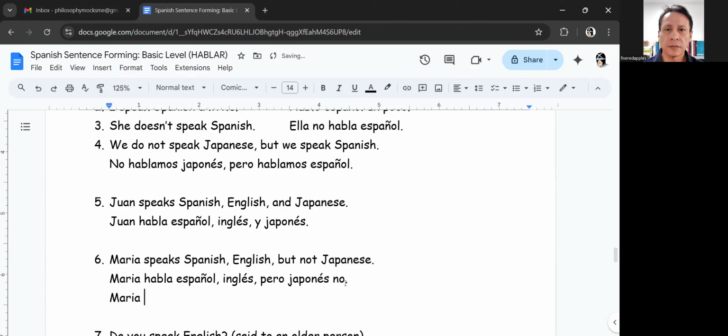But you can also say María habla español, inglés, pero no habla japonés. You can actually repeat the verb. And this is common. We're kind of wordy in Spanish. Like in English, we would never repeat the same verb in the sentence like this.